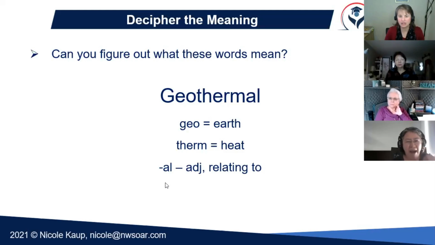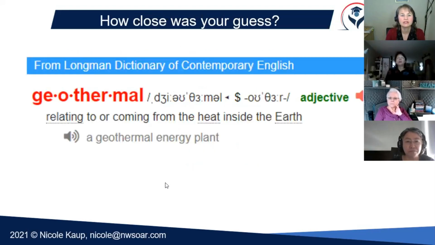So that's what comes to my mind with geothermal. So it's relating to or coming from the heat inside the earth. The example they give is a geothermal energy plant, somewhere where we're creating electricity and energy using that heat that's coming out of the earth.